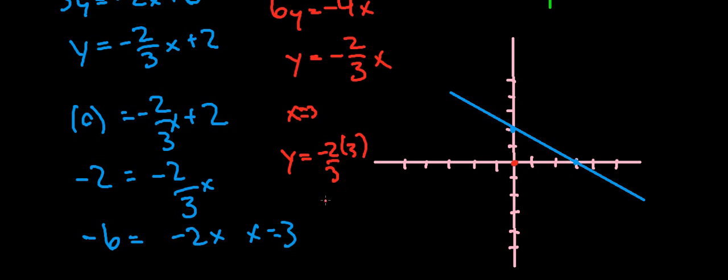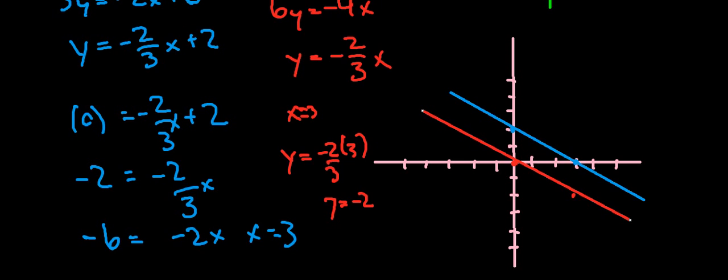So y is equal to minus 2. So when x is 3, y is minus 2. So it's right there. Let me get my line tool out. Well, it's a little bit crooked, but you can more or less see that these lines would be parallel.